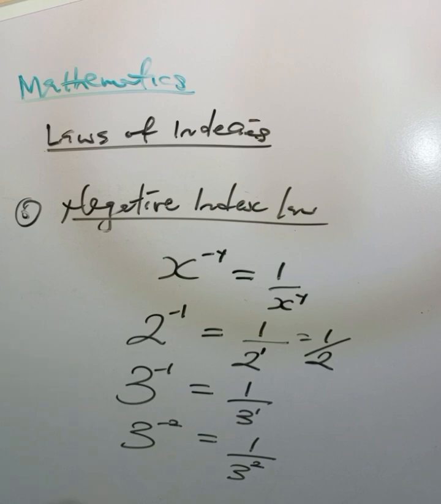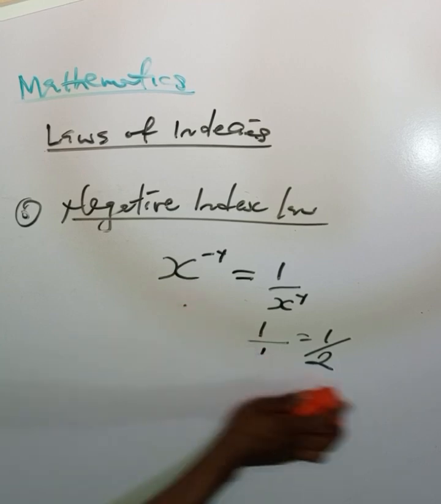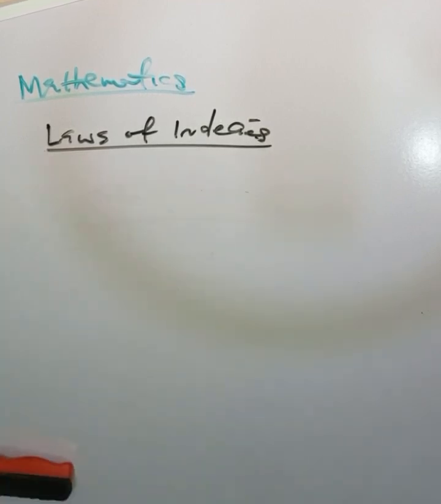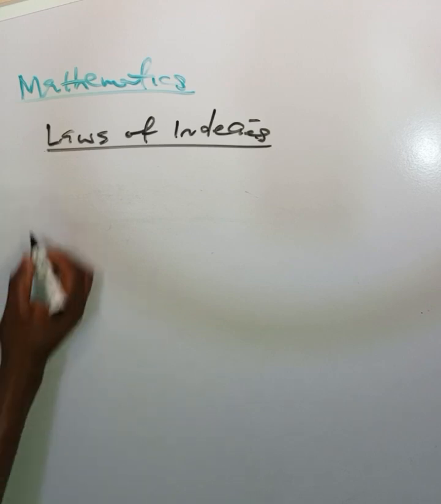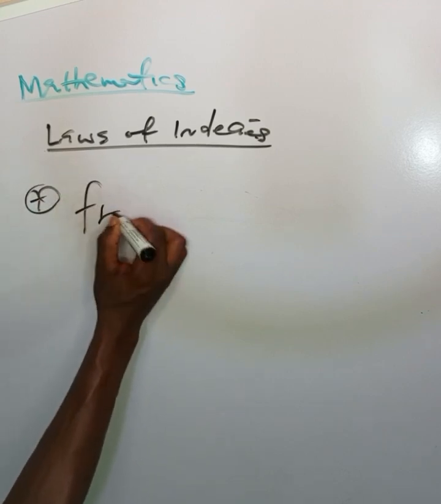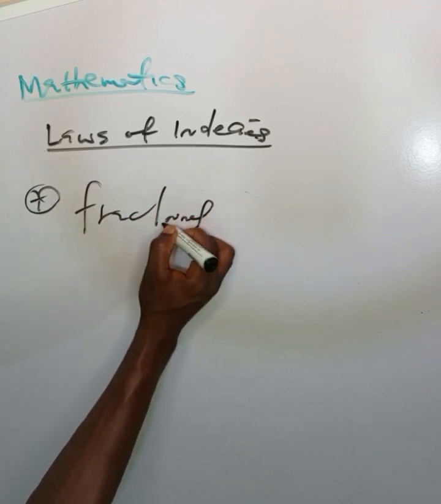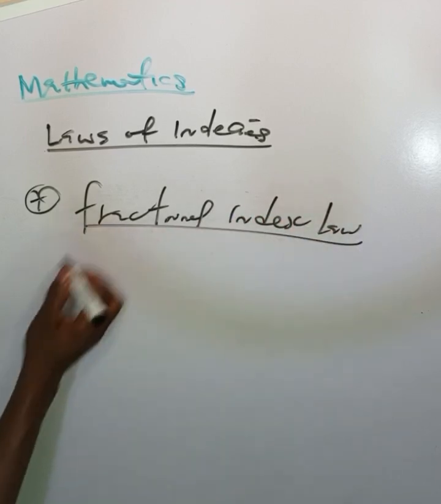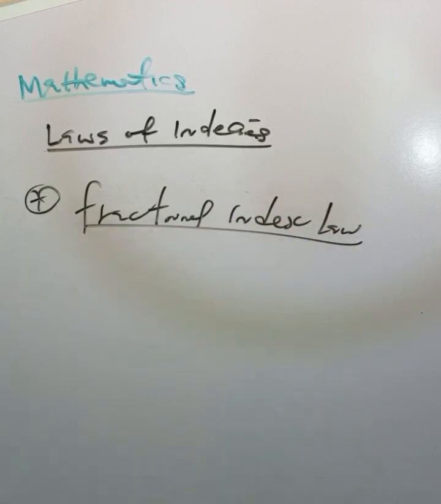Then the last law is a fractional index law. Number 7, fractional index law. Here, when the power is a fraction, what do we do?